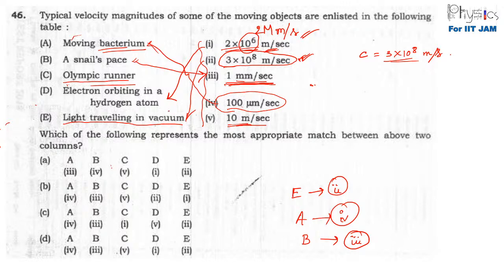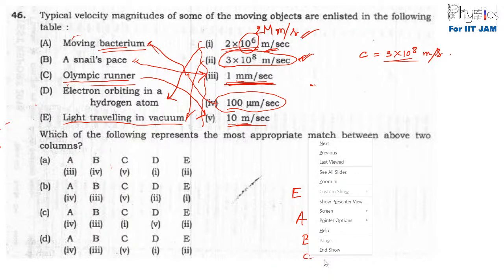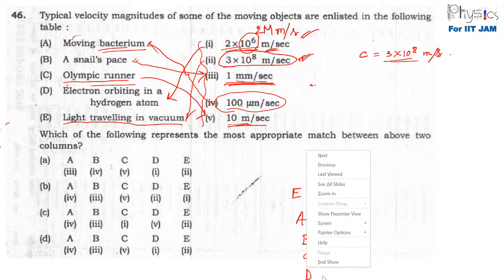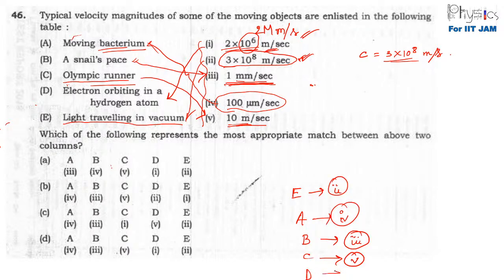Electron orbiting in a hydrogen atom, and the Olympic runner's speed should be 10 meter per second. That is, C should be 5 and D should be 1.